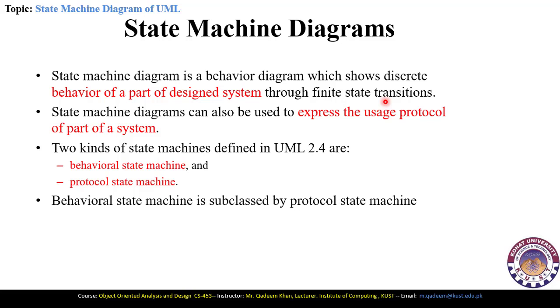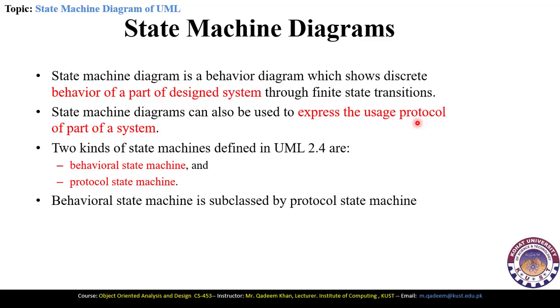The state machine diagram contains multiple sets of states, and each state represents system functionalities. A state machine diagram can be expressed through the protocol part of the system. The protocol part of the system represents the functionalities of the system, and this machine is used as a protocol for representing the system functionalities.